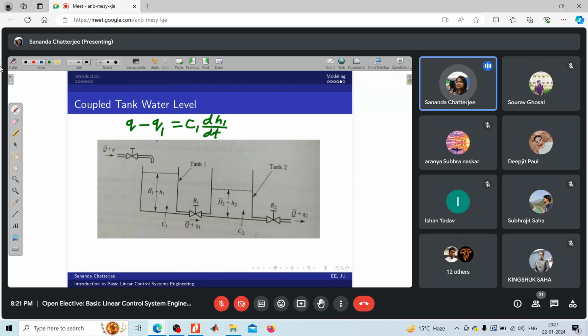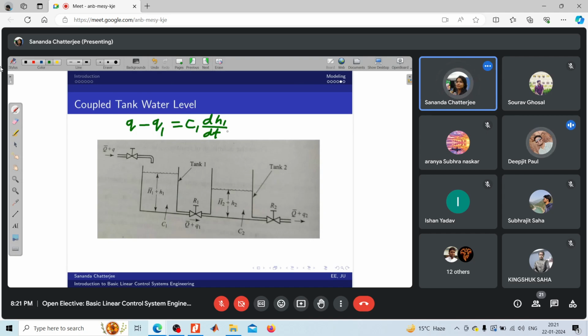Do you understand why I am skipping capital Q bar and capital H1 bar? Yes, ma'am, because capital Q bar will cancel out, and H1 bar is a constant, and the derivative of a constant is 0. Very good. Therefore, this will be the volumetric flow equation for the first tank.